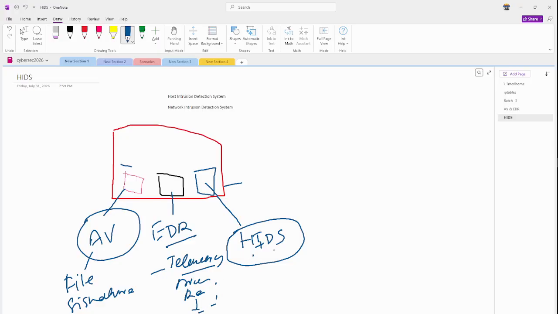This will be monitoring host integrity, log files, logs, and detecting policy violations, any policy that is violated. These are based on the rules you have set.